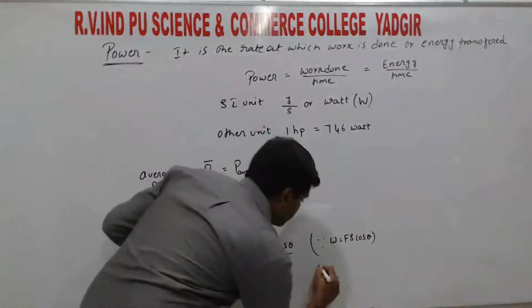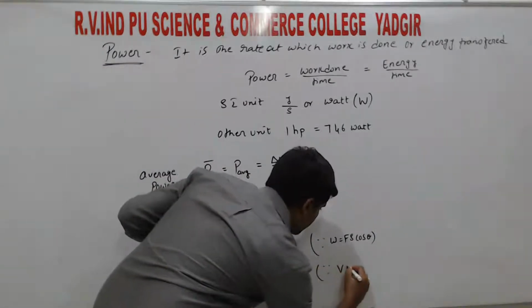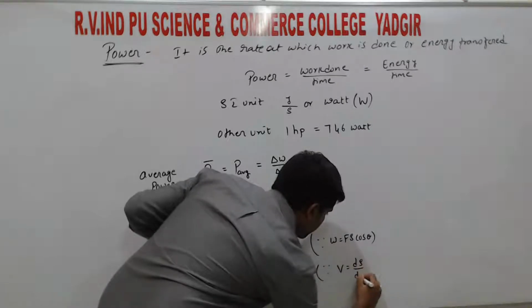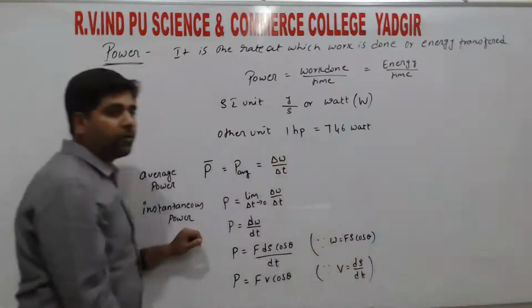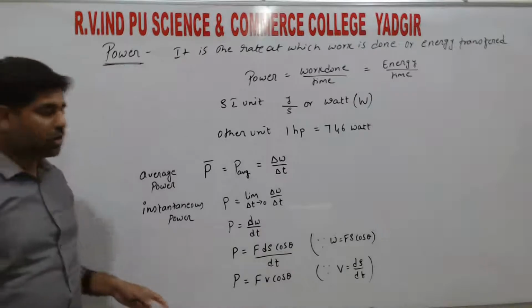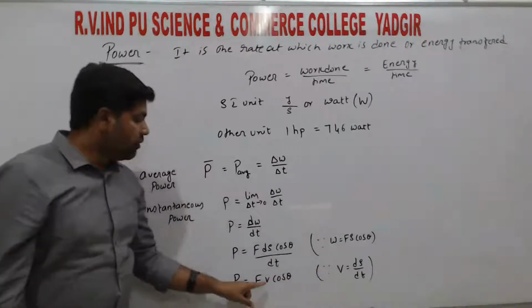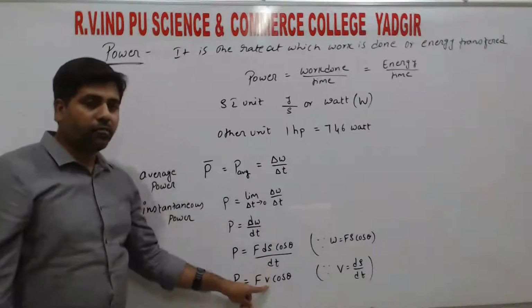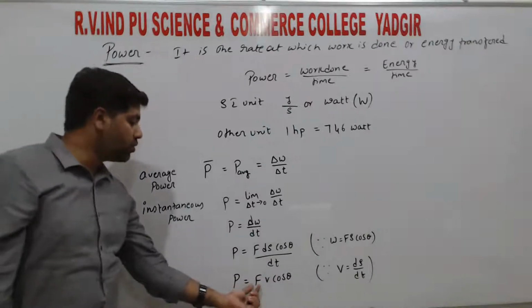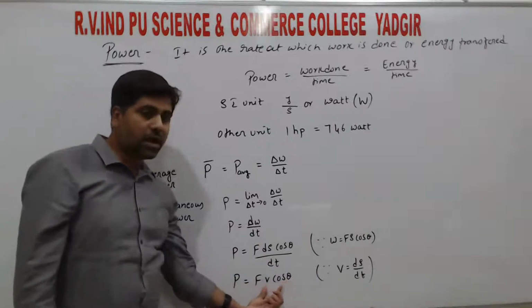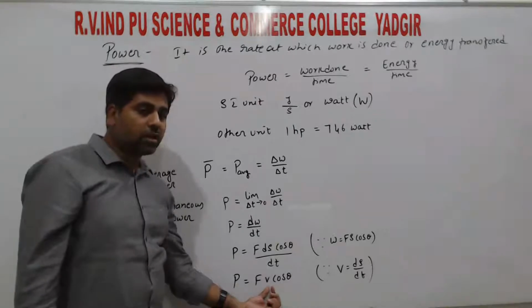That is because v is equal to ds by dt. The rate of change of displacement we call velocity, hence we replace ds by dt by v. So power is equal to Fv cos theta. The right-hand side is similar to the dot product.